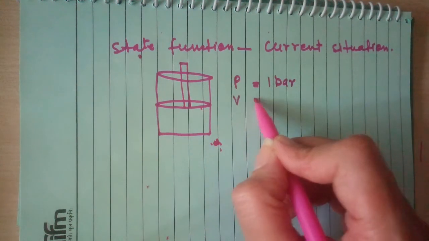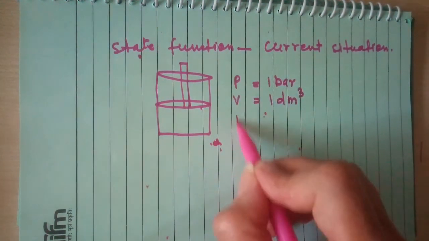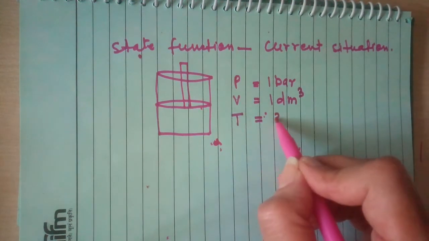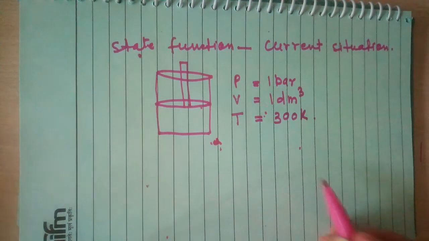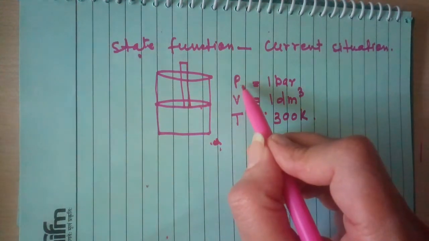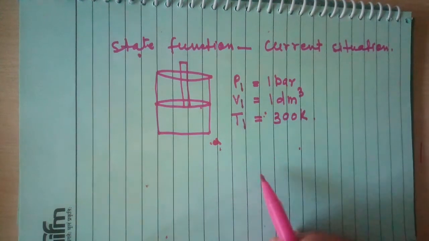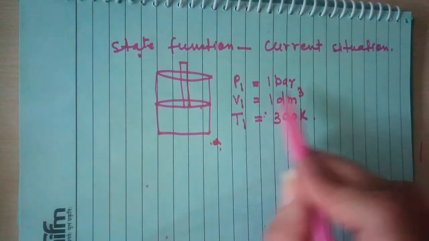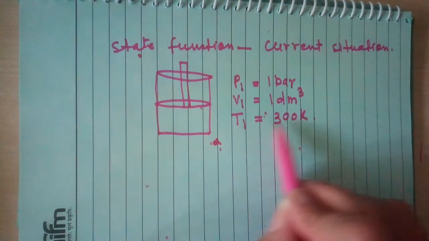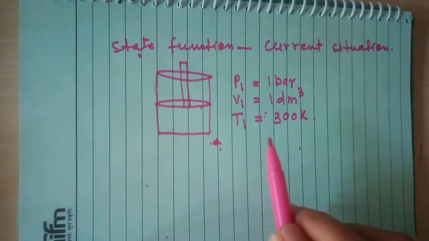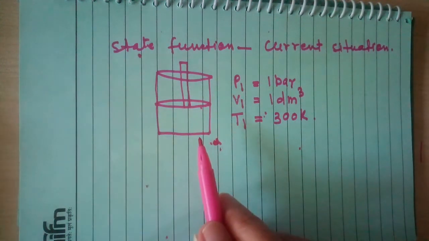V is the volume, suppose 1 dm cube, and the temperature is 300 Kelvin. So the initial state of the system can be P1, V1 and temperature T1. So P1 is equal to 1 bar, the initial volume is 1 dm cube, and the temperature is 300 Kelvin. So this is the initial state of the system.